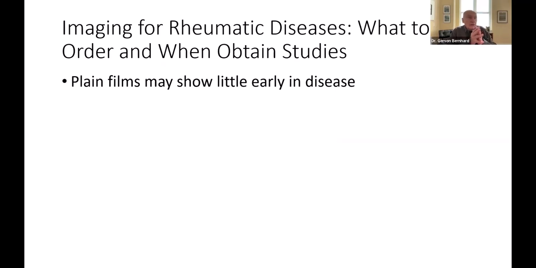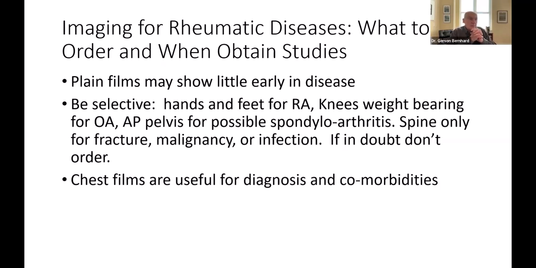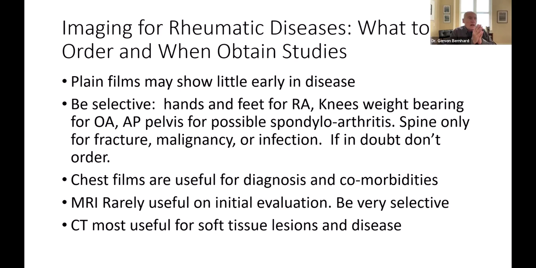Now let's quickly go over the issues of imaging. What to order and when to obtain it. Plain films are not very good to show early inflammatory rheumatic disease, such as rheumatoid arthritis.